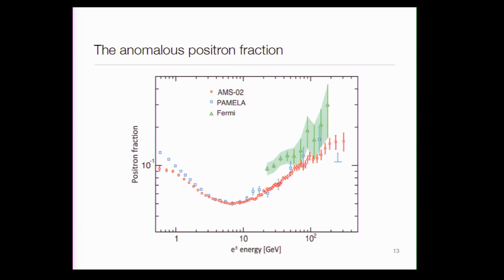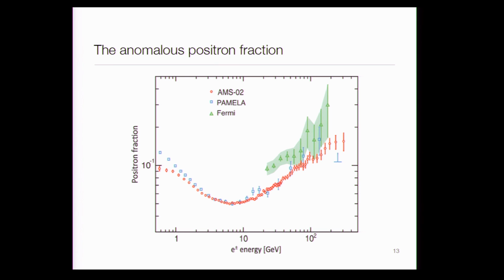Even more exciting is this graph where you can see the positron fraction, that is the ratio of positron flux to the sum of electrons and positrons, and you see that it has a rather sharp rise, which is by now firmly established, and Fermi did one measurement that established this, followed up by a measurement by AMS, which did this actually with exquisite precision.